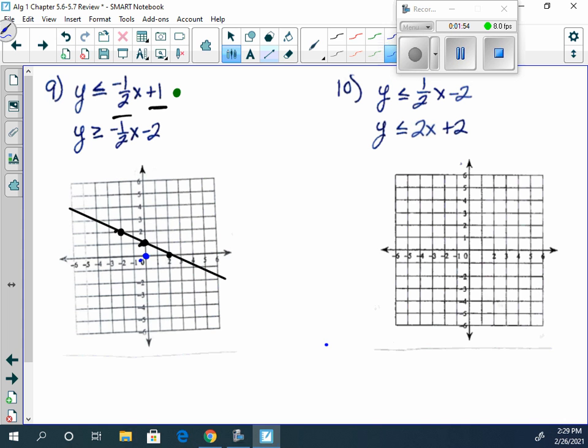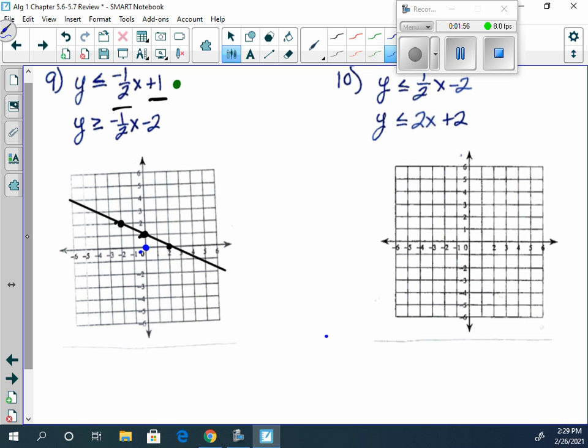We'll pick the point 0, 0 and plug that in. Is 0 less than or equal to negative 1/2 times 0 plus 1? Negative 1/2 times 0 is 0, and 0 plus 1 is just 1. So is 0 less than or equal to 1?